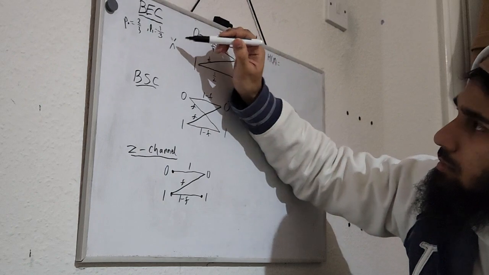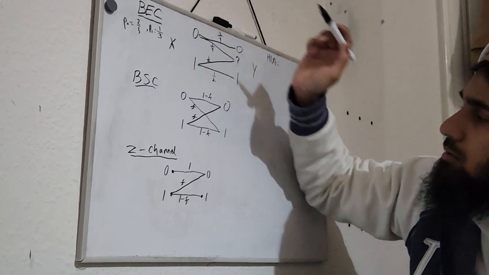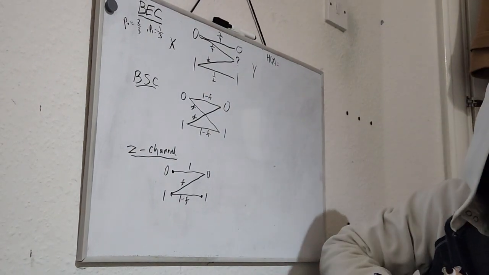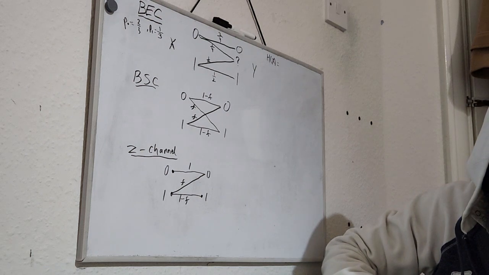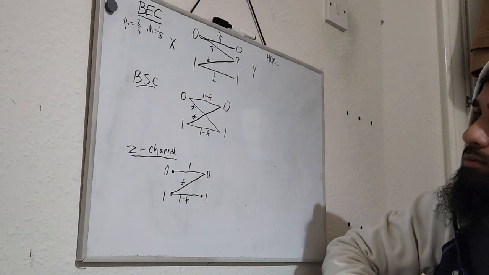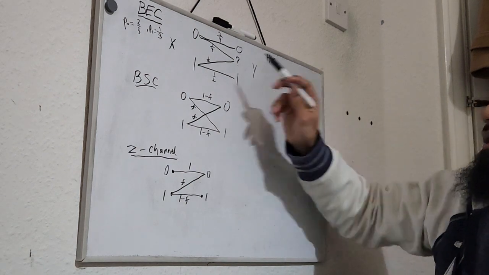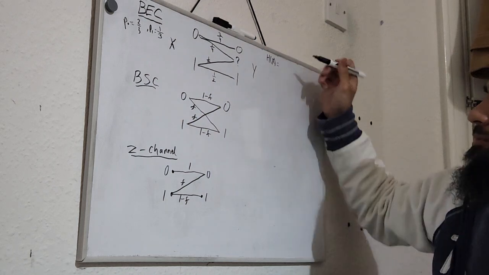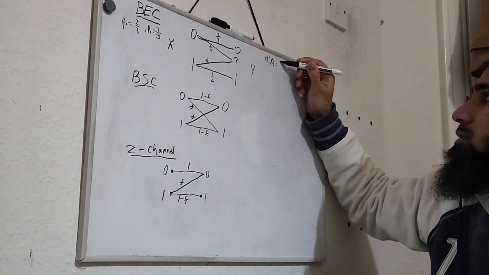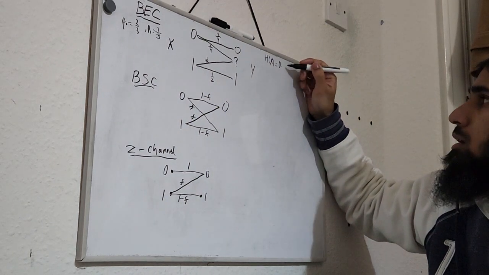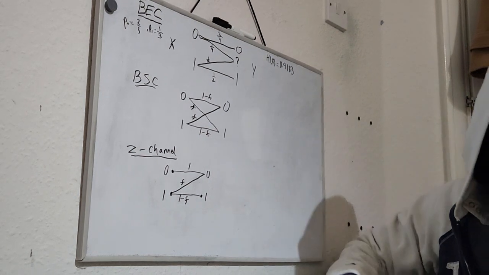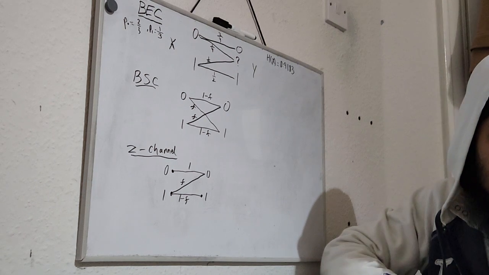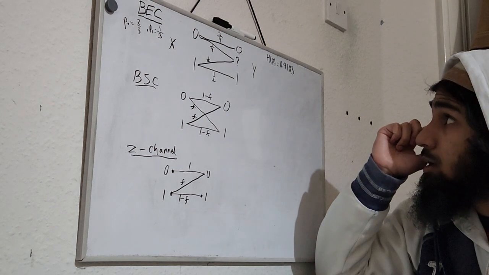You just need to use the formula that we used before, and that is 0.9183. That's the entropy, h of x.